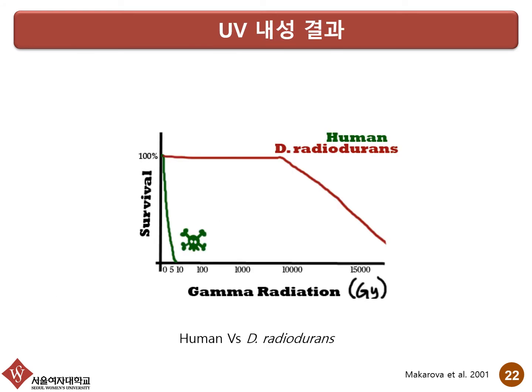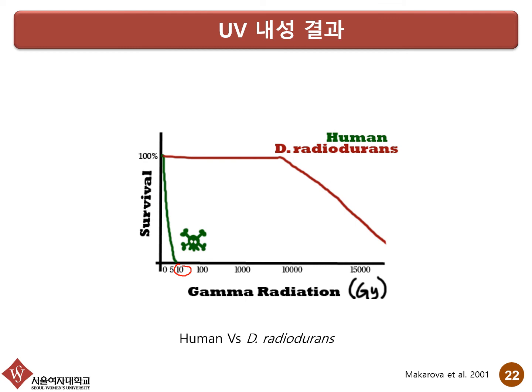And here is the comparison between human cells and Deinococcus radiodurans. With this experiment we can see how much the radiation affects human cells. Even at a low dose of radiation, like 10 gray, human cells cannot survive.